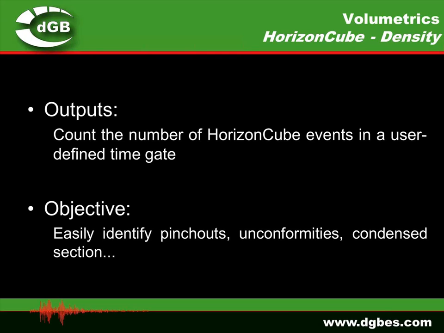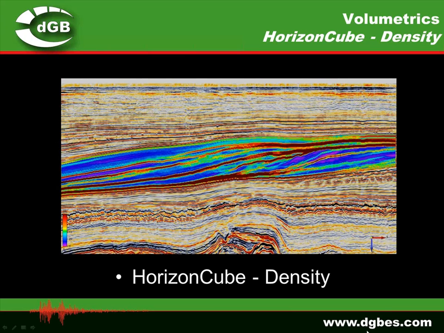The interest of this attribute is that it can easily identify pinch outs, unconformities and condensed sections. So here is the same section I showed you before in OpendTect, but here is the density attribute.